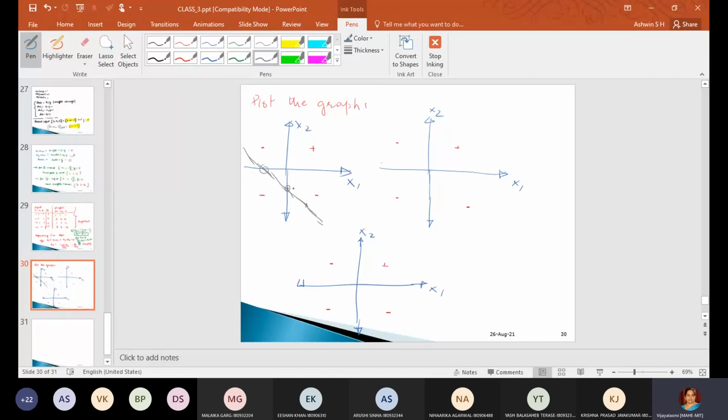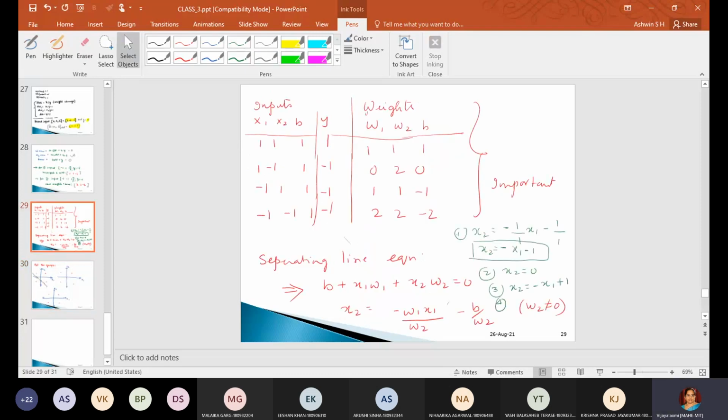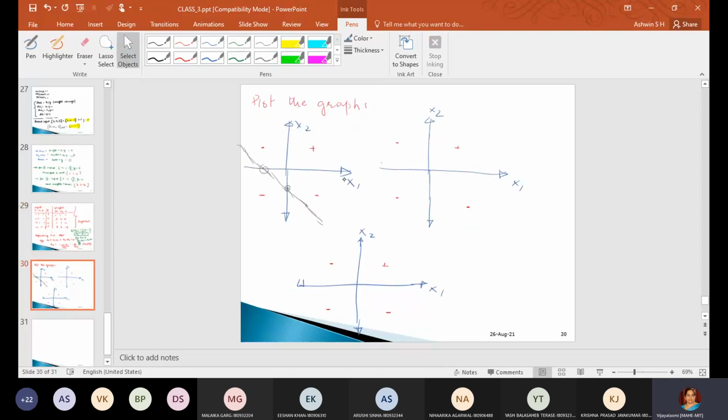This is the equation for x2. The second one is x2 is equal to 0. So it will come somewhere here, right? x2 is equal to 0, so I don't have to mark anything.